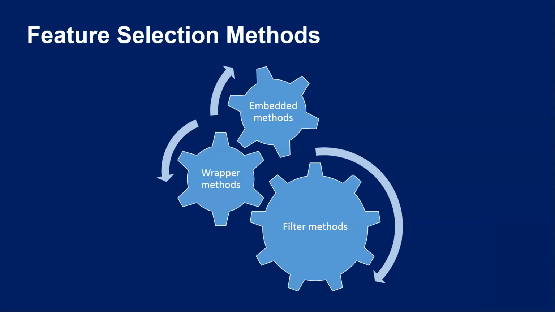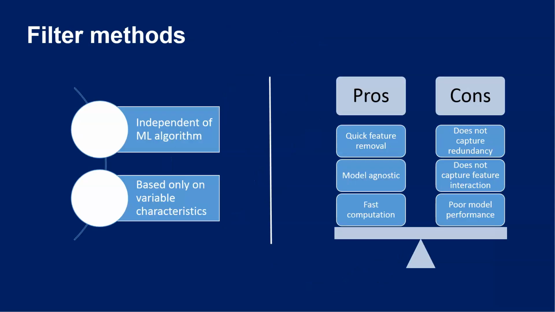Let's go over them. Let's, for example, think about filter methods. Among the filter methods, we find, for example, simple statistical tests like ANOVA or chi-squared. These methods are independent of the algorithms we intend to build at the end, and they discriminate features based only on the feature's characteristics.